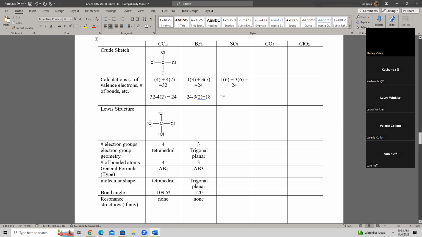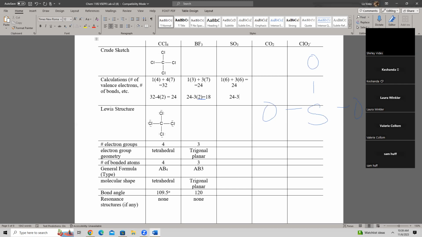Okay, so when we do this crude sketch, I'm going to do it right next to us, right there. So S, O, O, right? O, O, O. Okay, we know we just used 6 electrons. So we take 24 minus 3 times 2 is how they do it.